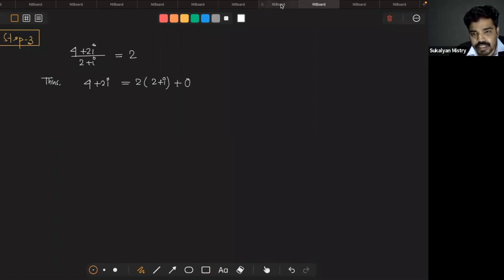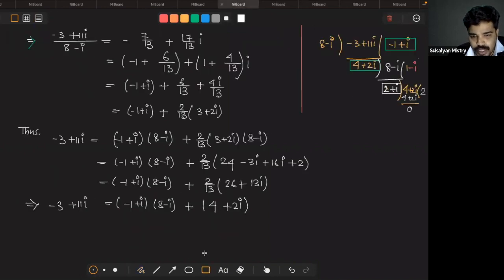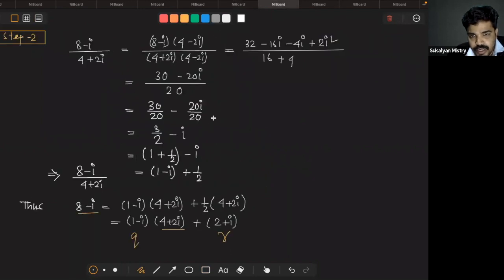So what is the GCD? তাহলে আমরা দেখো what is the GCD? GCD will be 2 plus i, ঠিক? 2 plus i is the GCD, ঠিক?